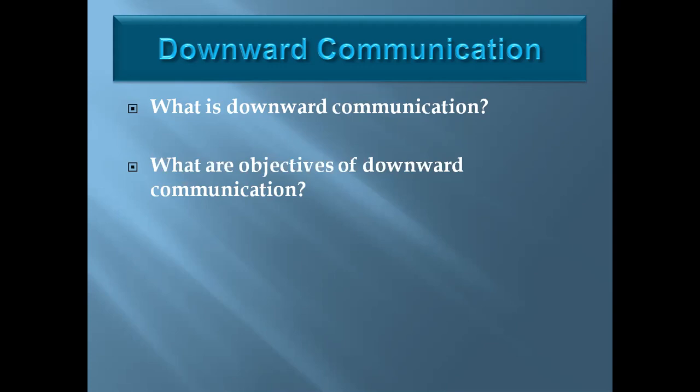Number one is to explain set standards, such as informing an employee about specific job instructions or general company policies. When you join a company, you will be told about different rules and regulations. So it is the responsibility of higher authority to tell you what are the standards, what are the rules going to be followed in that organization.